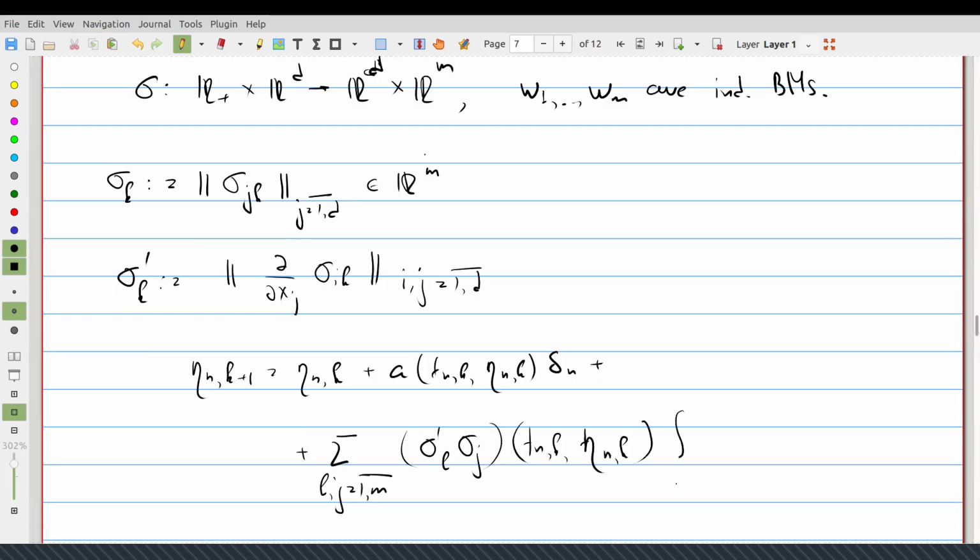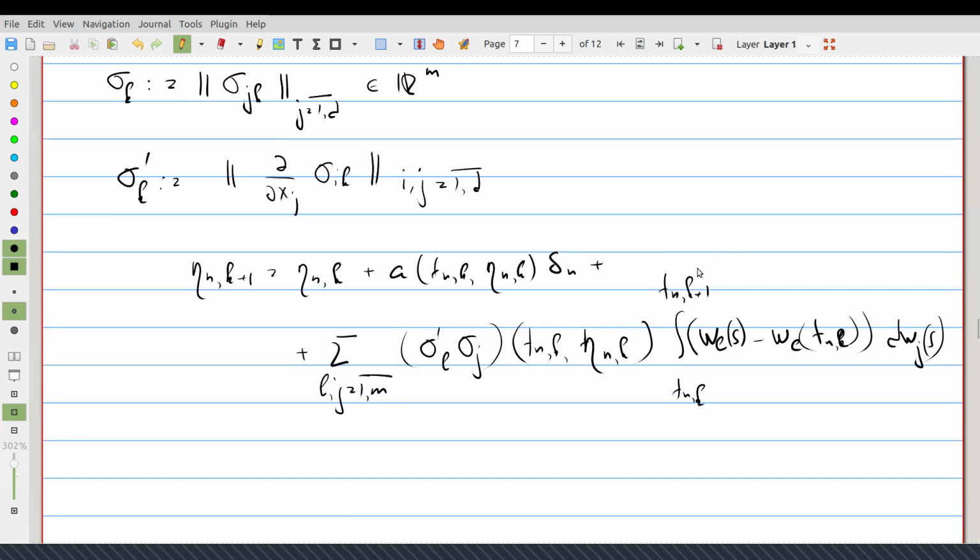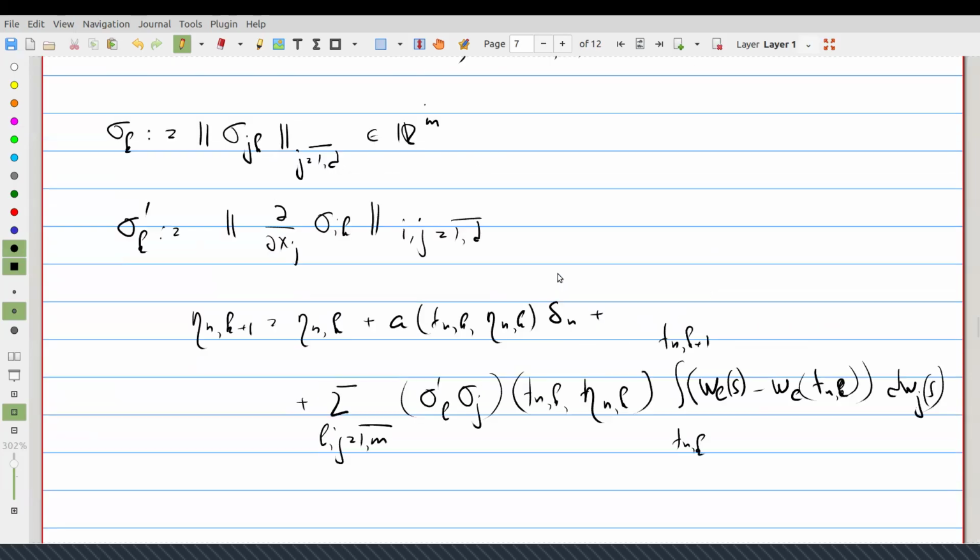And here we'll have the integrals I was talking about: integral from t_{n_k} to t_{n_{k+1}} of (W_l(s) minus W_l(t_{n_k})) dW_j(s). Where l and j are different, you can see that it's not clear how to calculate them. And this is a problem of all high order schemes. Sometimes, if these matrices satisfy some commutativity assumptions, everything is much easier to do.